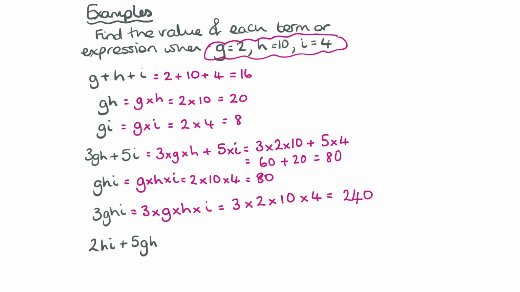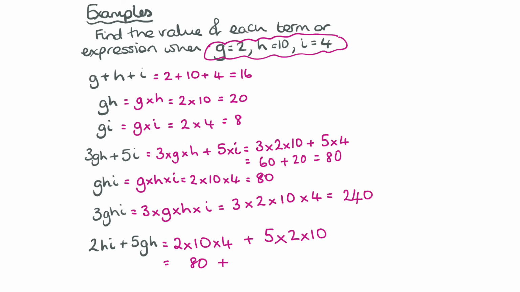And now the last one of these practice ones, 2HI plus 5GH. So that's 2 times H, that's 10, times I is 4, plus 5 times 2 for G and 10 for H. So here we've got 2 times 10 is 20, times 4 is 80.